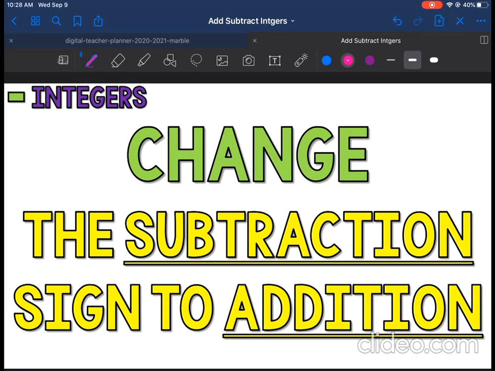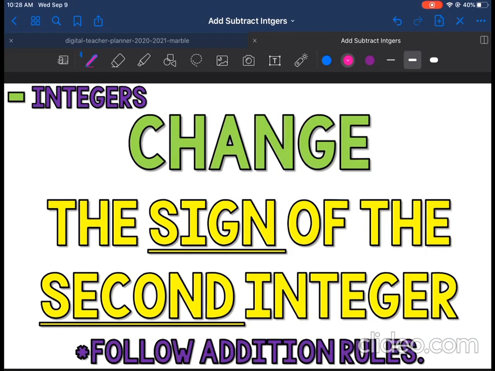But since we changed the subtraction to be addition, we're going to have to change the sign of the second number. Since we changed our subtraction sign to addition, we're now going to have to take our second integer and change the sign.